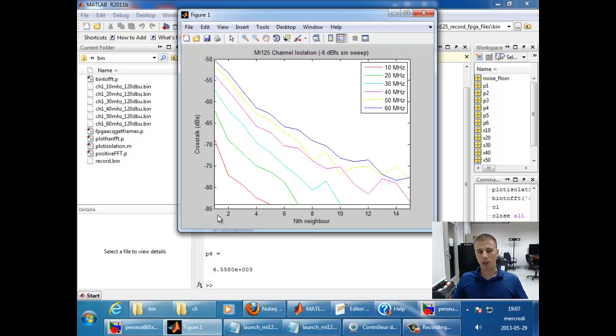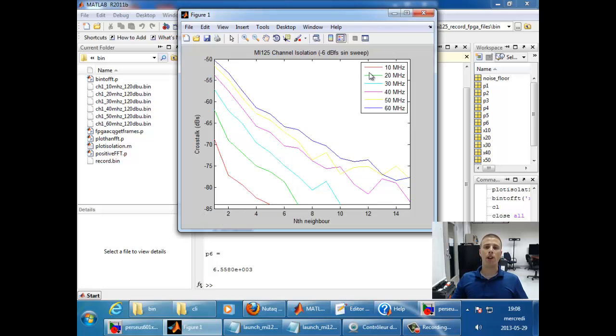Here I have put a horizontal black line at minus 84 dB. The reason for this is that the MI125 card is a 14-bit card, and so if you multiply roughly 6 dBs times 14 bits, that gives you 84 dBs, which is the dynamic range of the MI125 card.